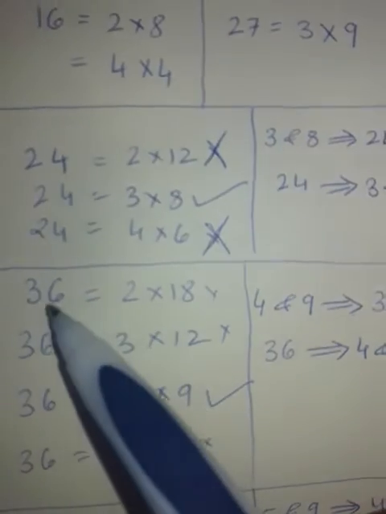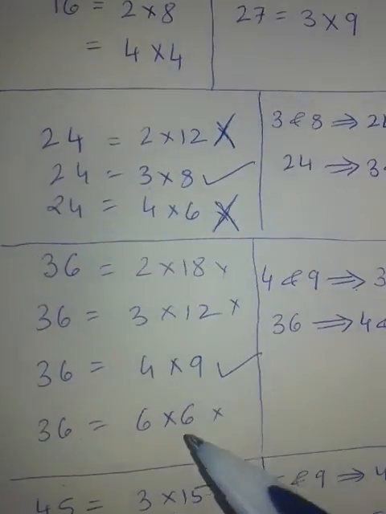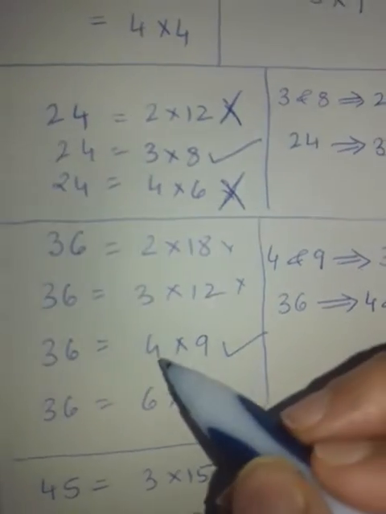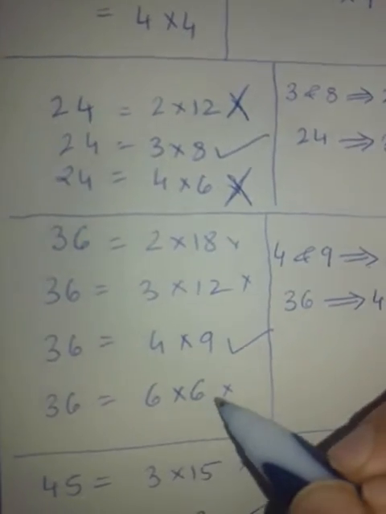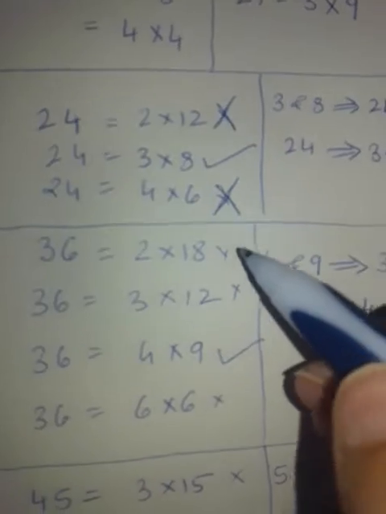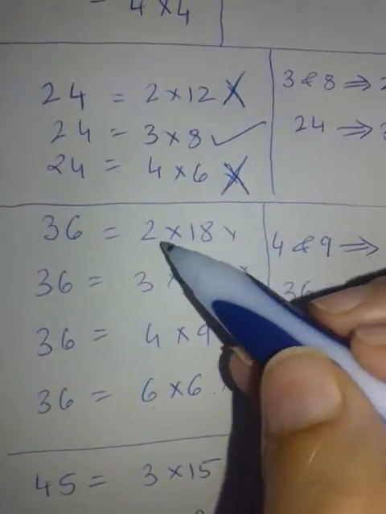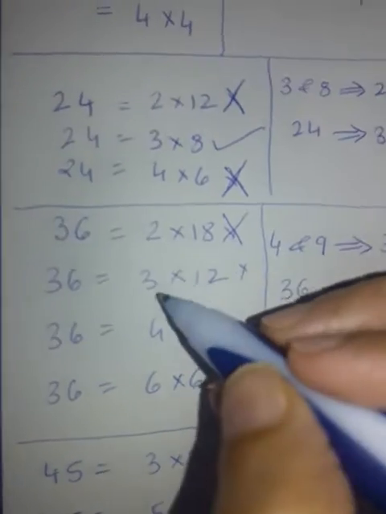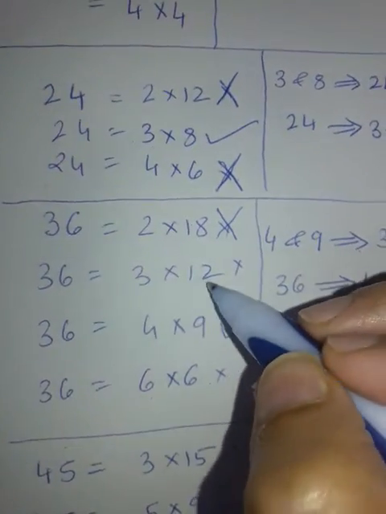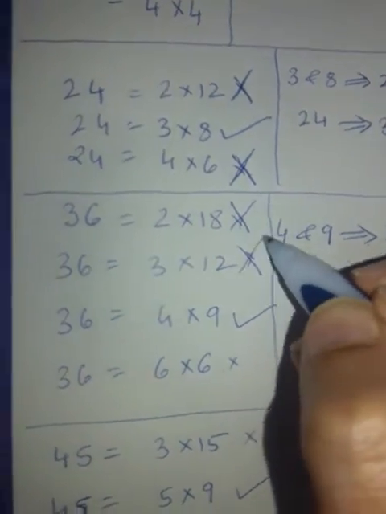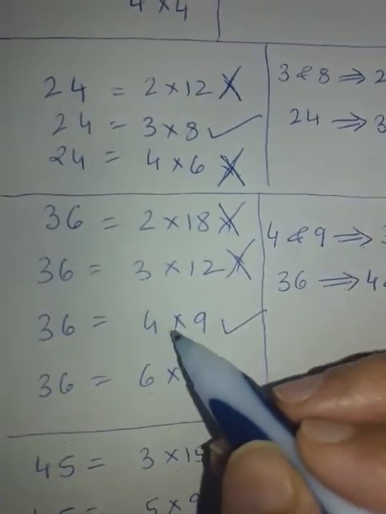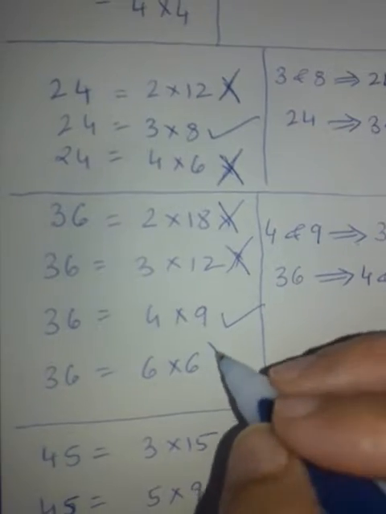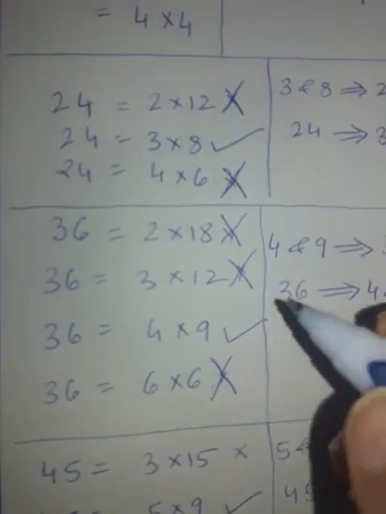One more example, number 36. I have already factorized it here. 2 into 18, 3 into 12, 4 into 9, 6 into 6. Consider all pairs one by one. 2 and 18, 2 is common factor, not good for us. 3 and 12, 3 is common factor, not good for us. 4 and 9, no common factor, take it. 6 and 6 again, not good for us.